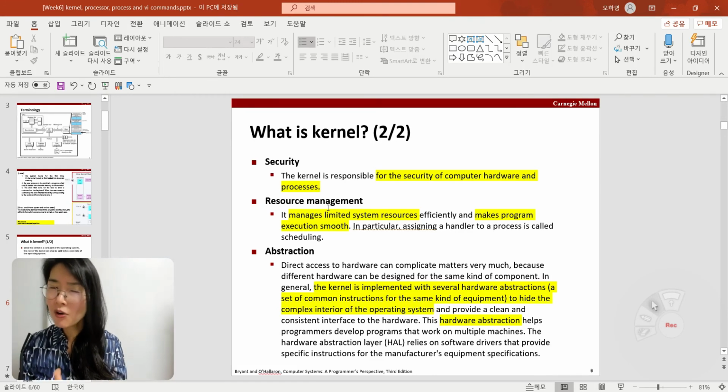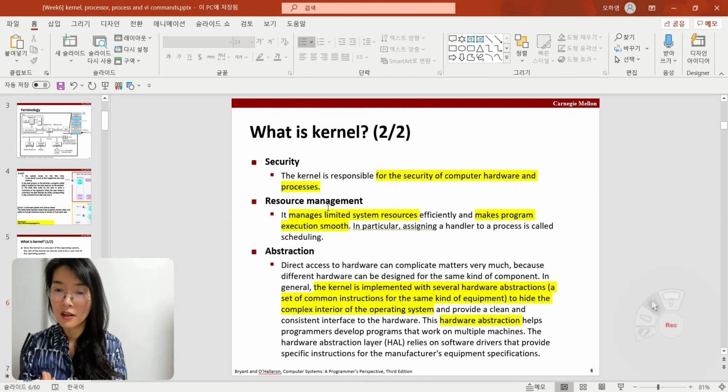But how can we touch the hardware in detail? Because of kernel. The kernel can control hardware. So kernel program is a very difficult concept and very complicated for general programmers.